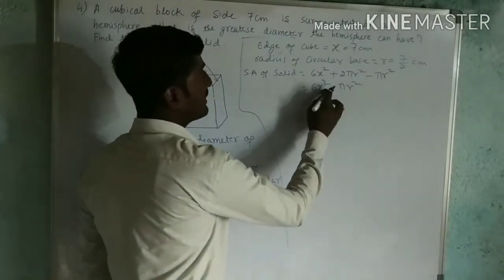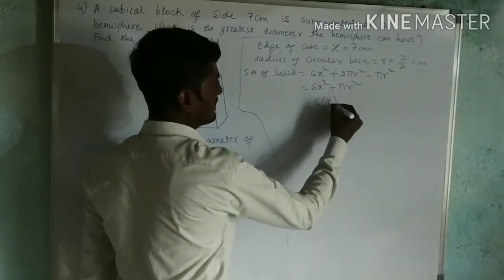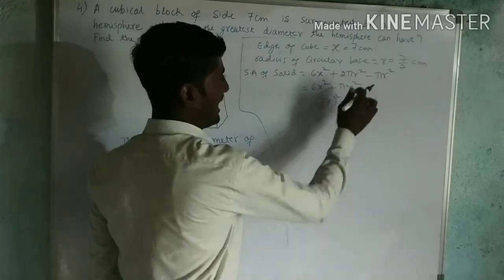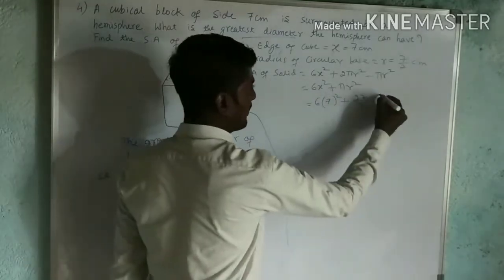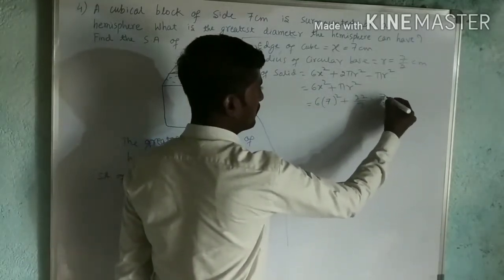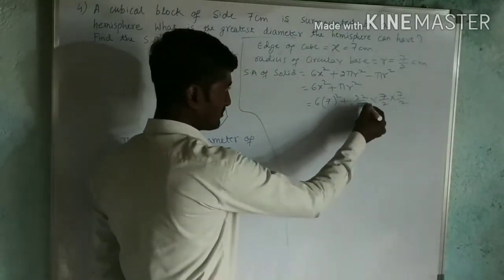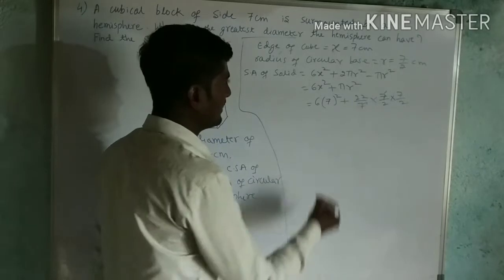Now let us substitute the values. 6 into, x I have taken as 7, square, plus pi value is 22 by 7, r square, r value is 7 by 2, 7 by 2 into 7 by 2, that is r square. Now here 7 gets cancelled.